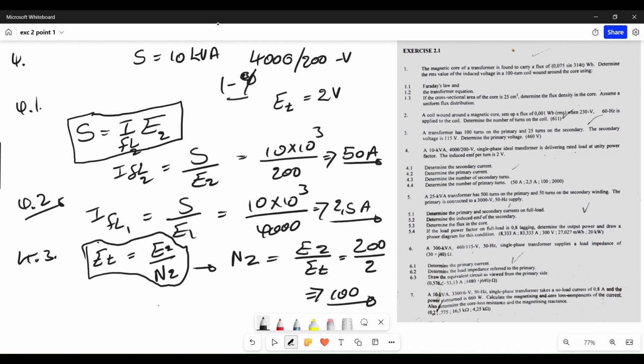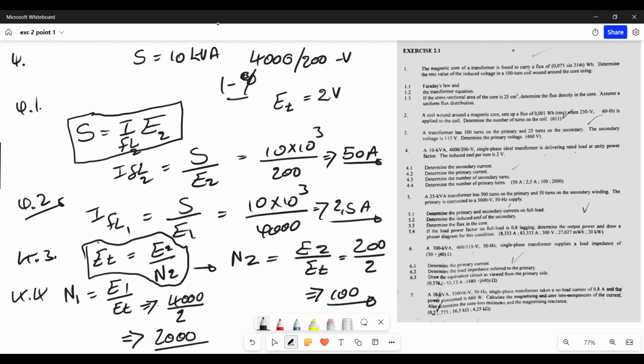Okay, so for question 4.4, we're going to take the same formula and make N1 equal to E1 over the induced EMF per turn. So E1 is 4,000 divided by 2, which gives us 2,000.